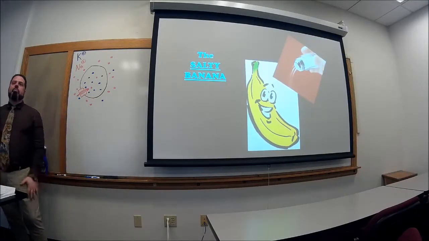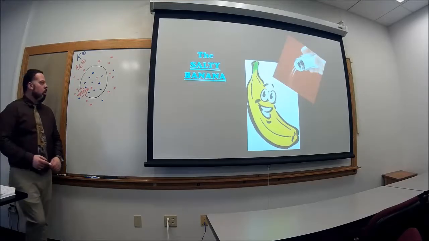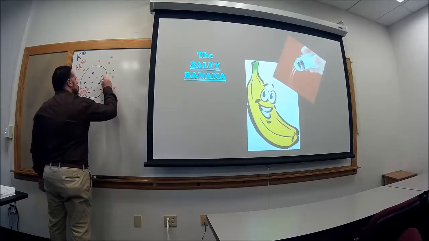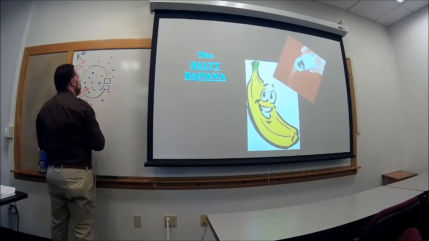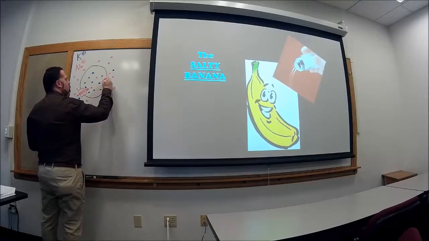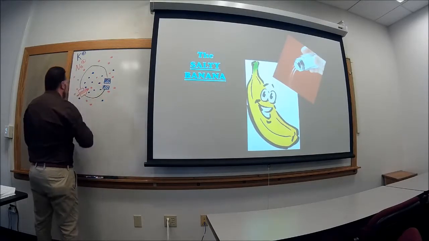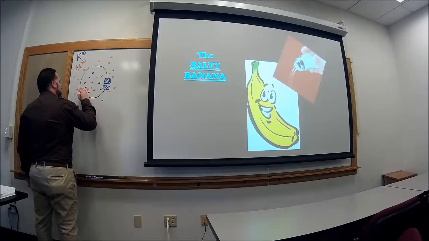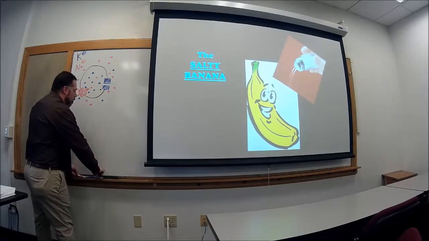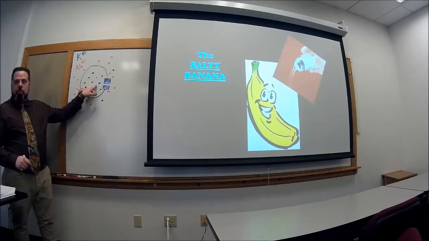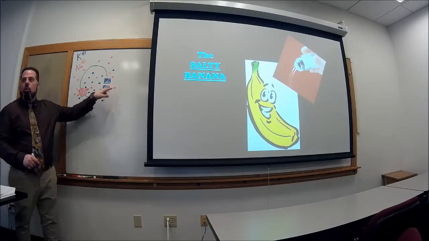A&P 101. Now, we also have potassium gates. And when they open, does potassium want to go into the cell or out of the cell? Out. Because it's going to go from a high concentration of potassium ions to a low, right?